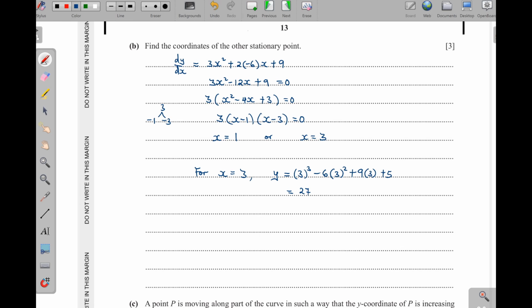This is 27 minus, this is 9 times 6, I think that's 54, and then plus, this will be 27, then plus 5.